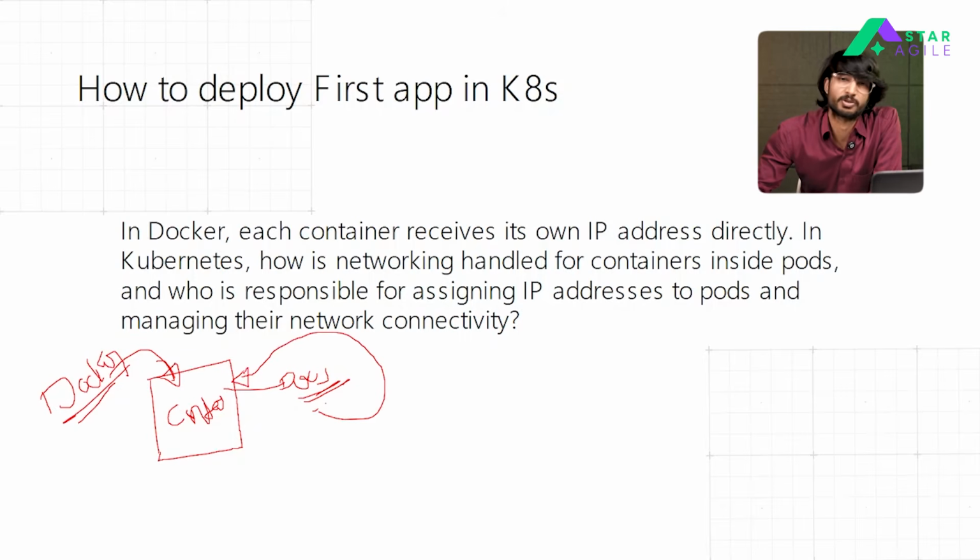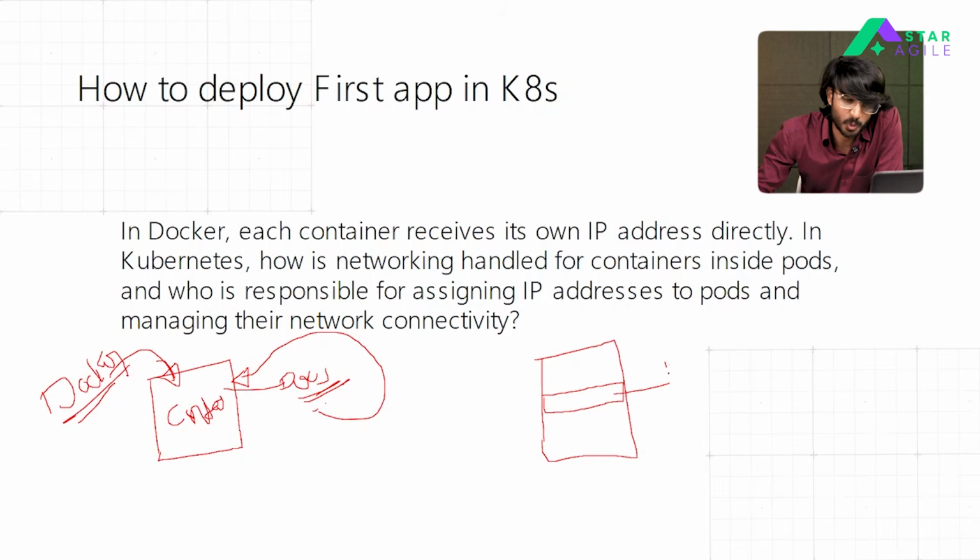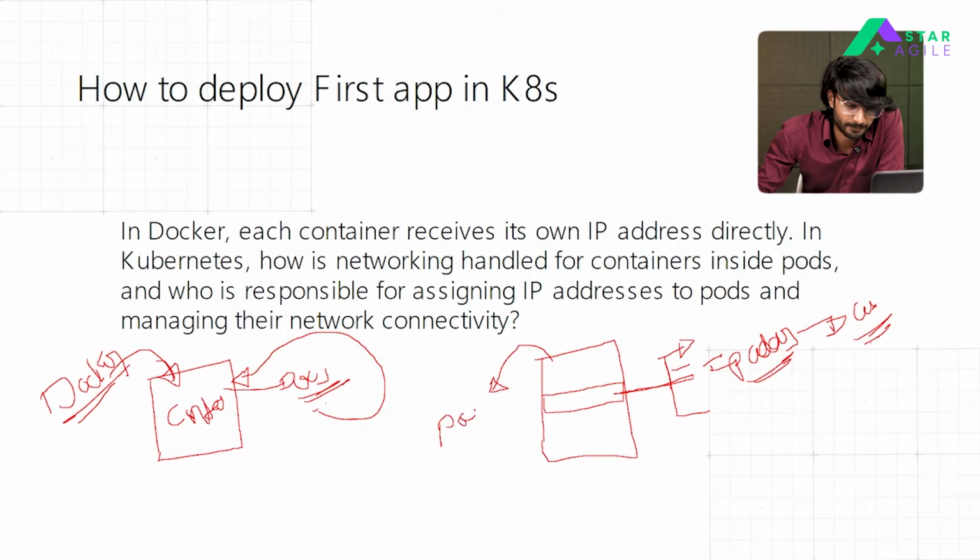But if I have a pod, and inside the pod I'm running a container, who will assign the IP? Just hear me carefully. The question is, will the container get an IP address? If yes, who will assign the IP for the container? If no, and the pod gets an IP address, who will assign the IP to the pod?